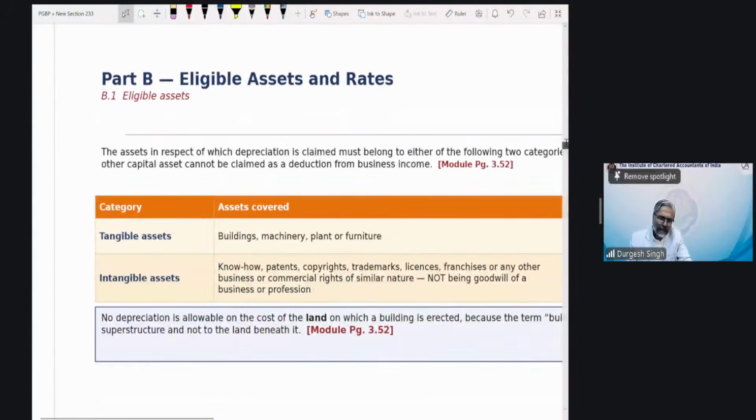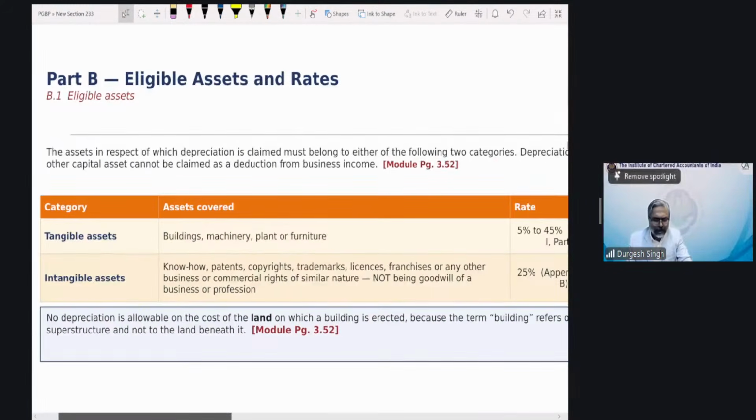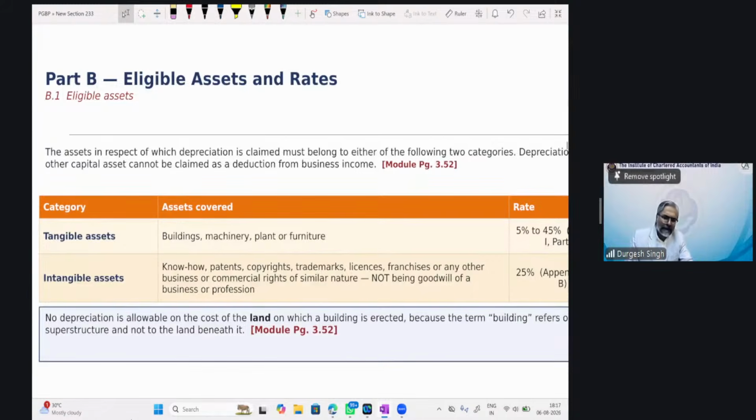Students, part B. Please come to this one. I told you already, there are three broad categories: building, machinery and plant, and furniture.